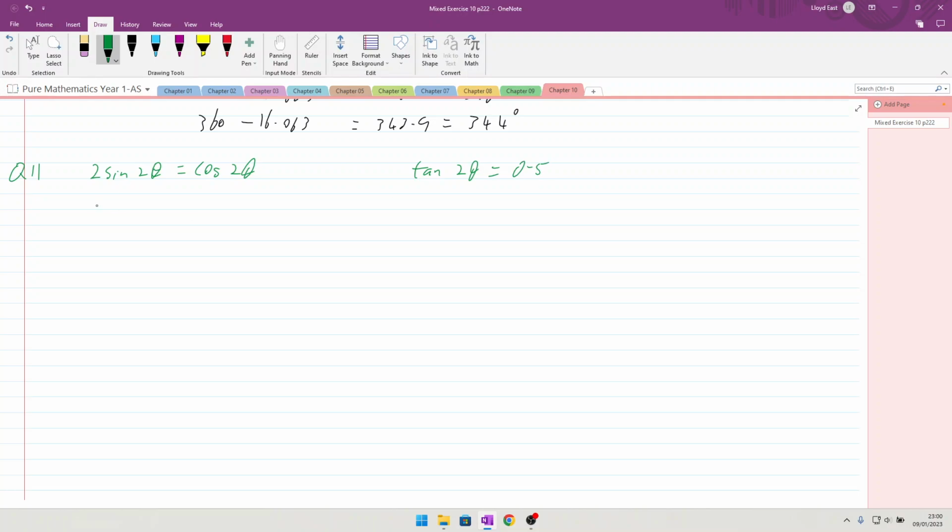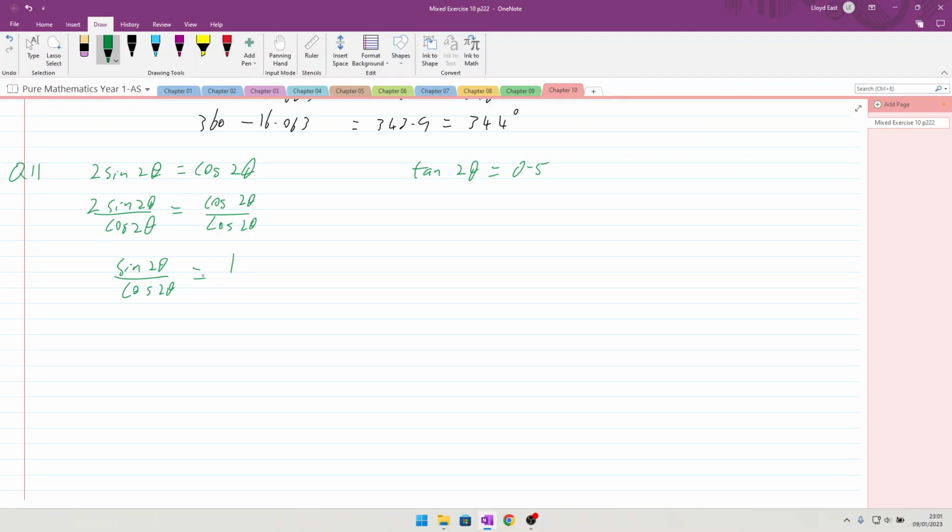So, if we divide this whole thing by cos 2 theta, we would get 2 sin 2 theta over cos 2 theta equals cos 2 theta over cos 2 theta, and that would give me sin 2 theta over cos 2 theta is equal to 1.